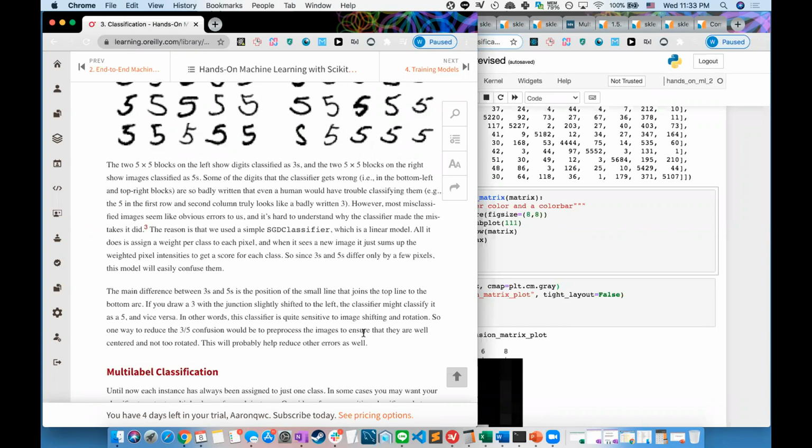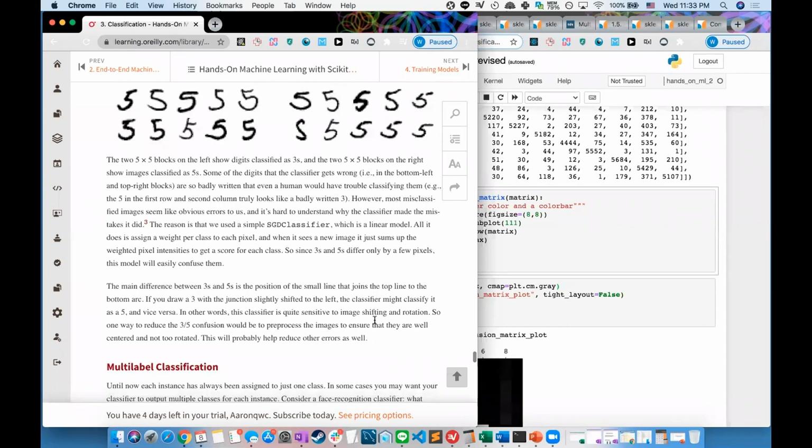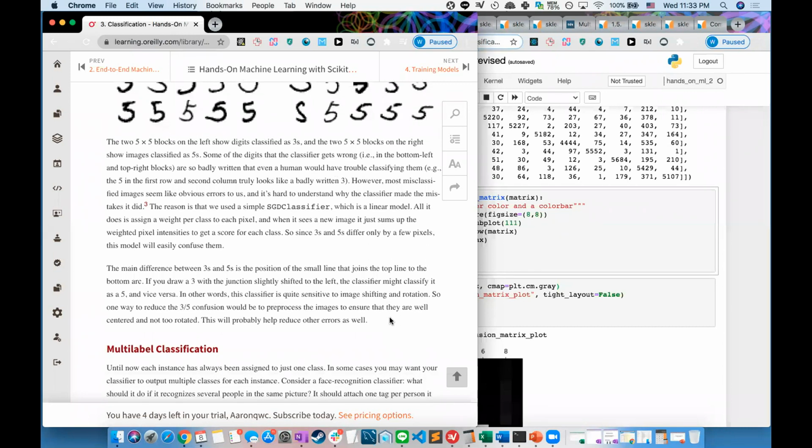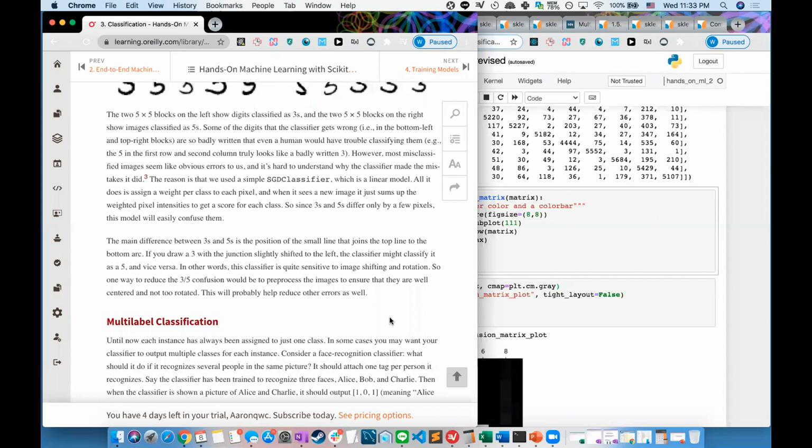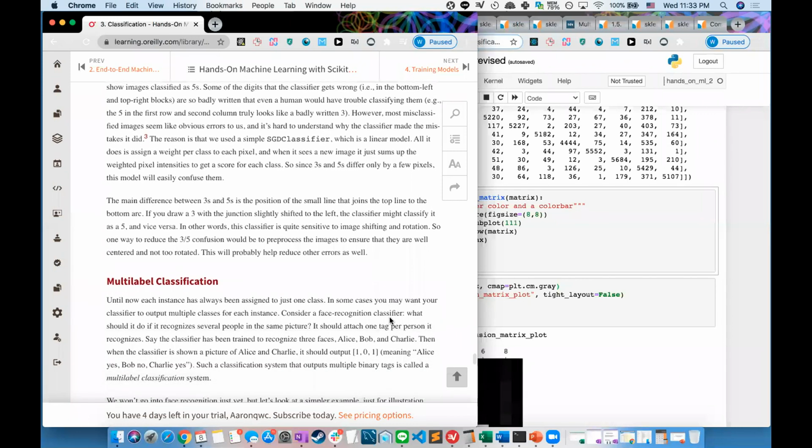In other words, the classifier is quite sensitive to image shifting and rotation. So one way to reduce the 3-5 confusion would be to pre-process images to ensure that they're well-centered and not too rotated. So that comes with image augmentation, I guess.